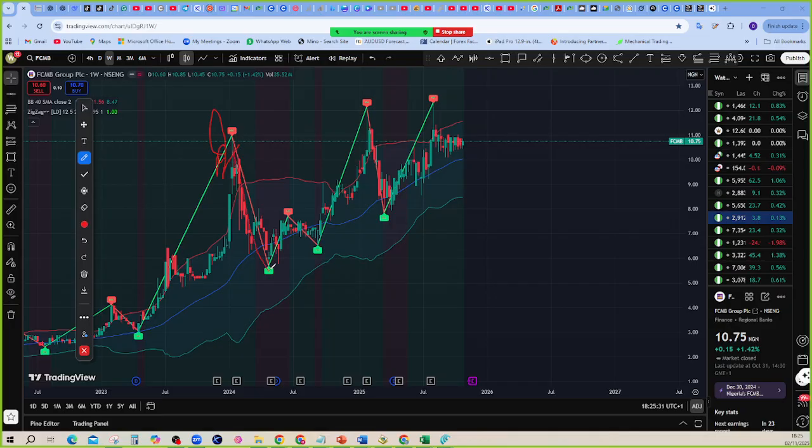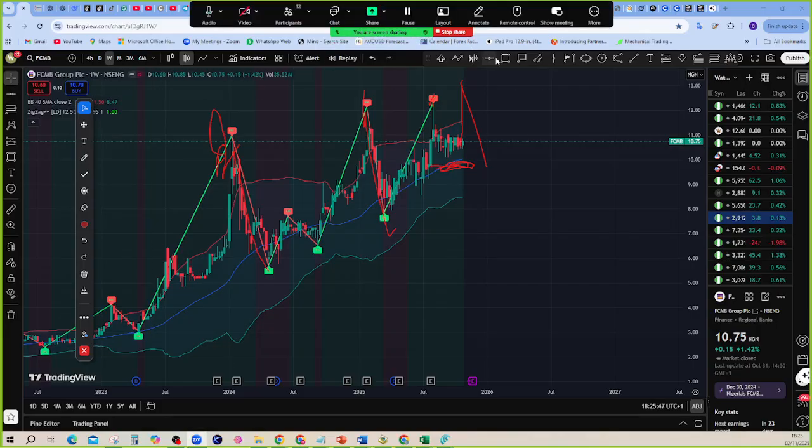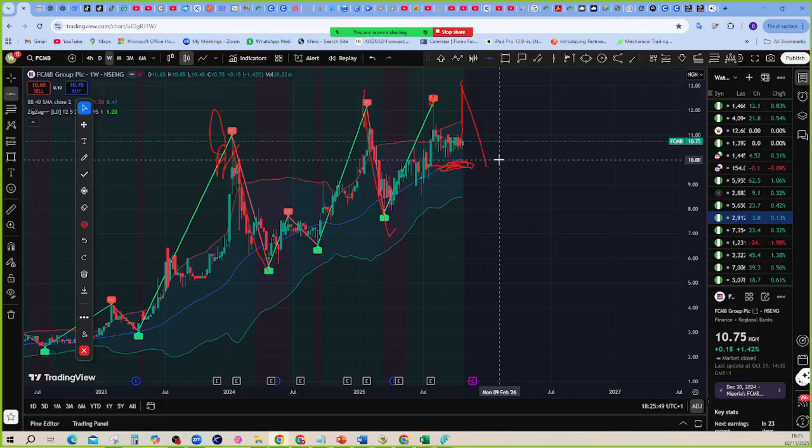That means price will correct and come back inside. So even if it goes up like this, it will still come back inside. I wish we can get this stock around here, which should be around 10 naira, which is actually their public offer price. So that is for FCMB.